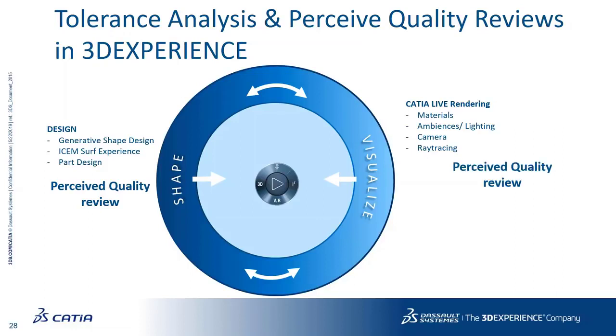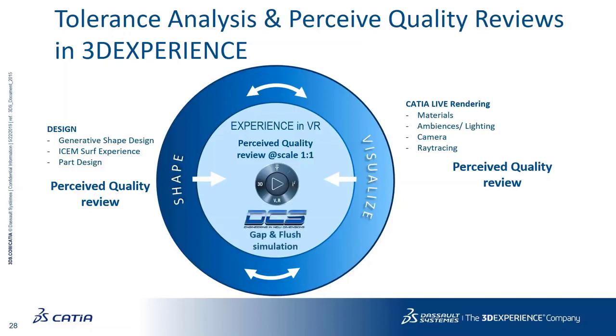Again, you can do another perceived quality review based on the shape with the visualization together. With the power of the 3D experience platform, you can now jump easily into the VR section and have a one-to-one scale review, which is pretty important if you want to be in the customer's perspective.